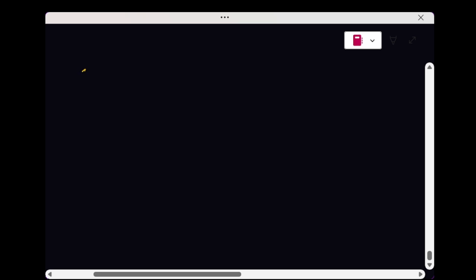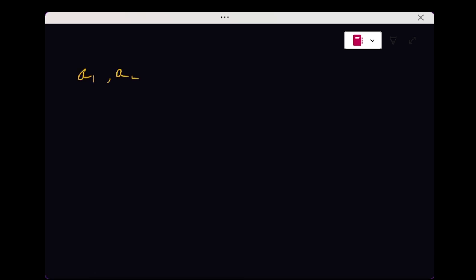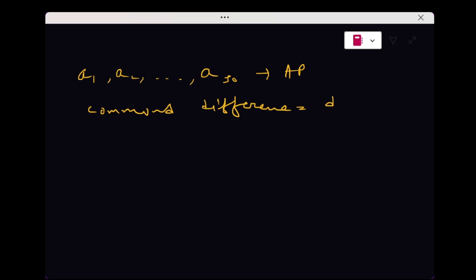Now, since a1, a2 up to a50 are all in AP, we can take the common difference equal to d, and we can write the AP like this.